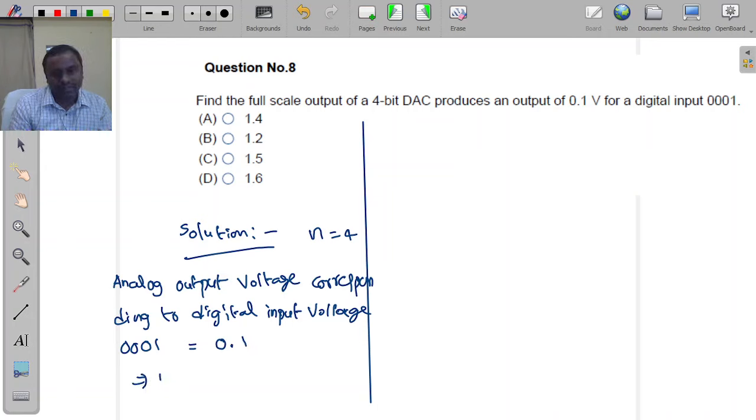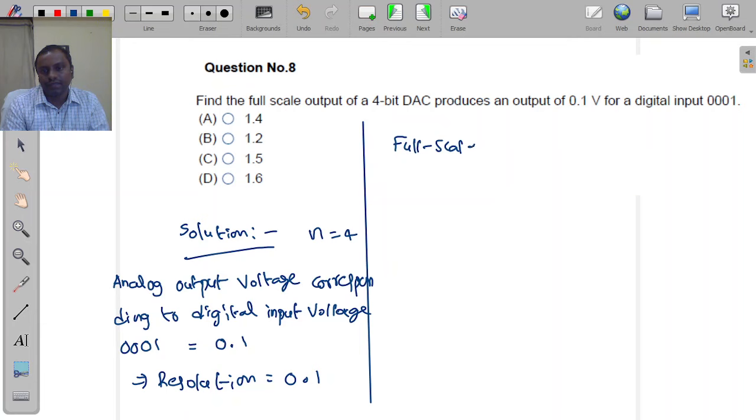It implies the resolution is 0.1. Now if you want to get the full scale output voltage, the full scale output voltage is the resolution multiplied by the maximum decimal.